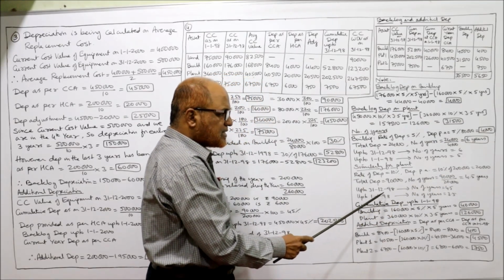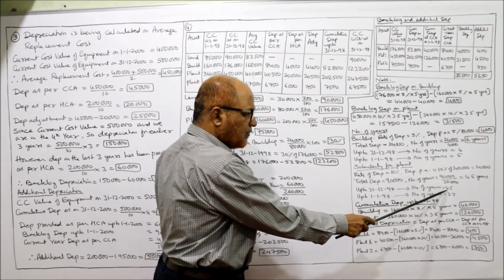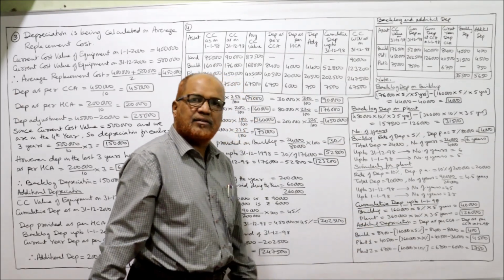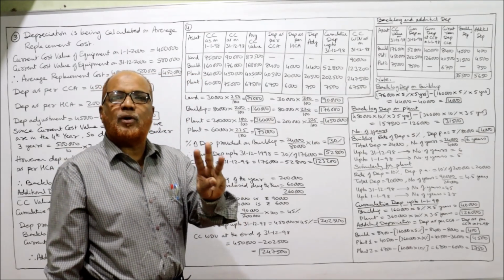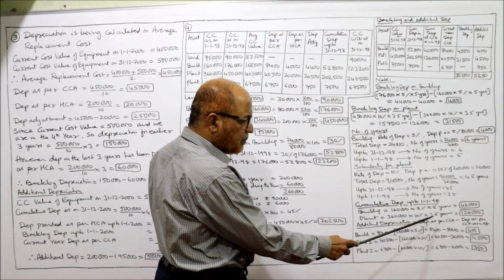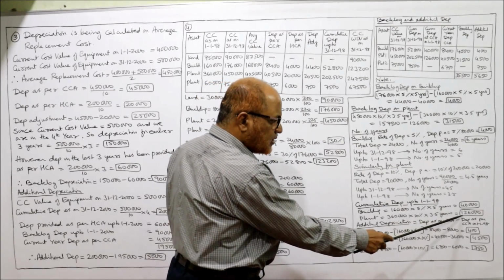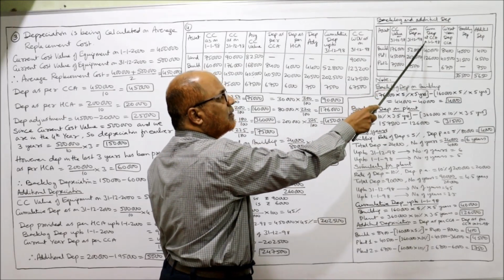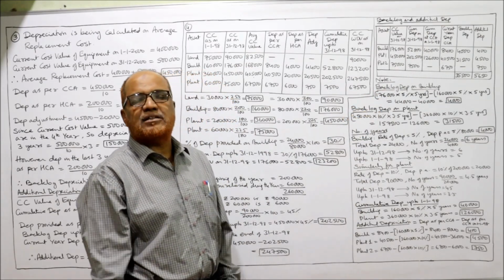So up to 31st December 98, 4.5 years. Up to 1st January 98, 3.5 years, the beginning of the year. So we multiply 3,60,000 into 10% into 3.5 years, 1,26,000. This is the cumulative depreciation on 1st January 98.